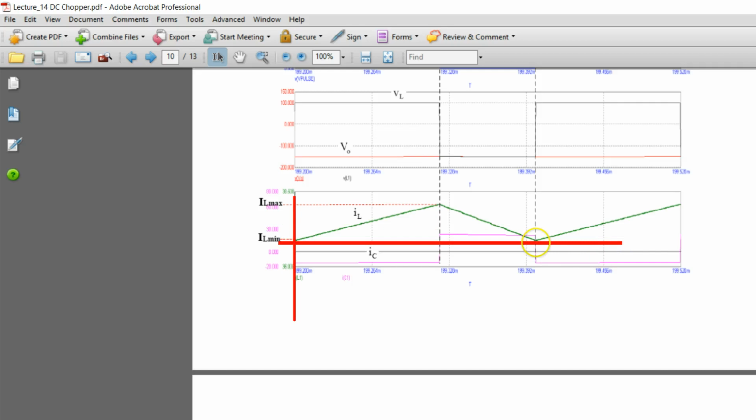Okay, so consider that this is at the boundary. So IL min will be equal to 0. This is the boundary. At the boundary, you can see that the IL touches the 0 level and then it rises again. So this is the boundary between continuous and discontinuous current operation.